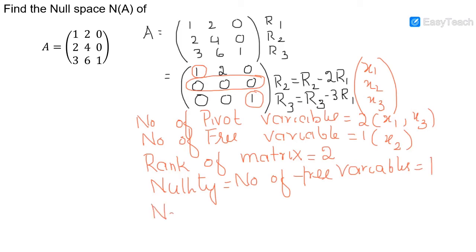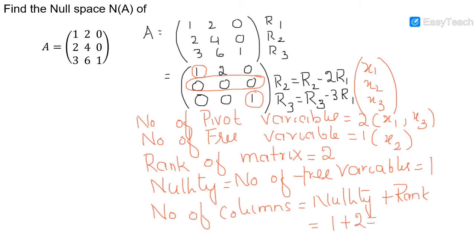Therefore the number of columns, this is the verification we can do, is always equal to nullity plus rank. That is 1 plus 2, 3. There are 3 columns.